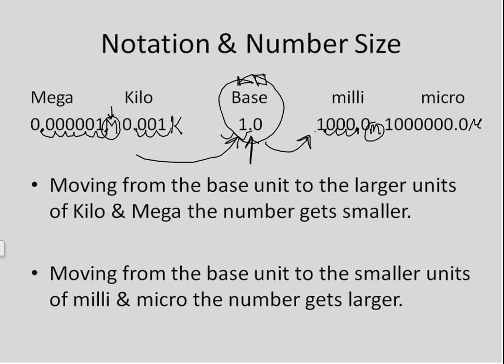Now, why do we go through all this? Once again, if I am going to write on a schematic a million ohms, it's much easier to write 1 mega ohm than it is to write or print a million ohms, or 1 times 10 to the 6th ohms.